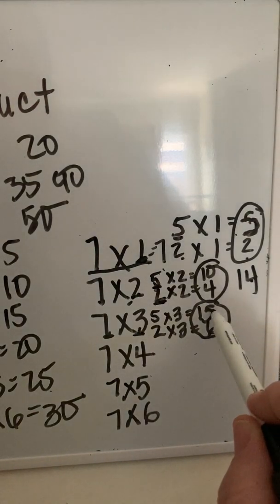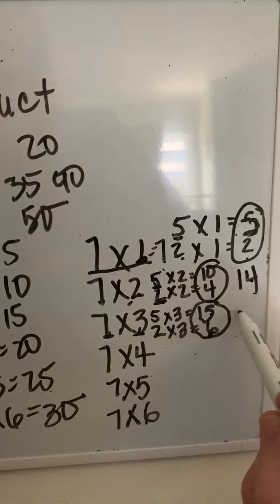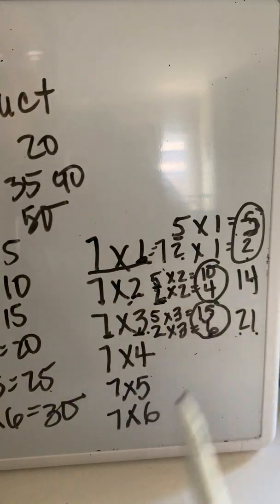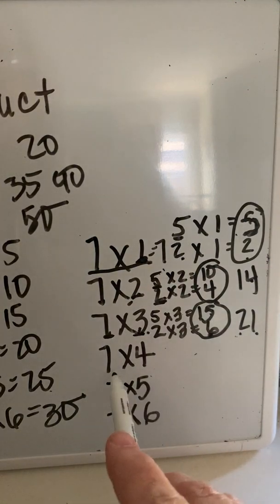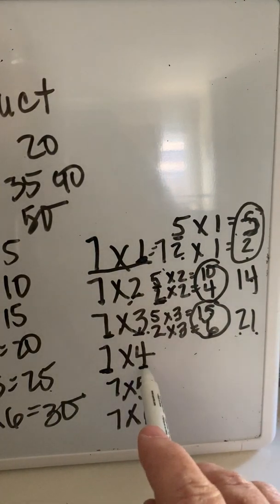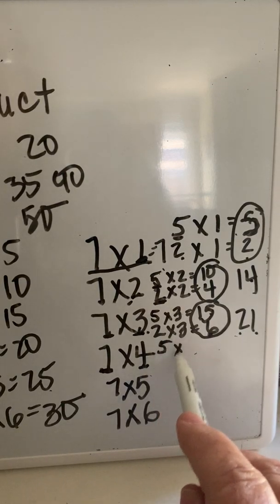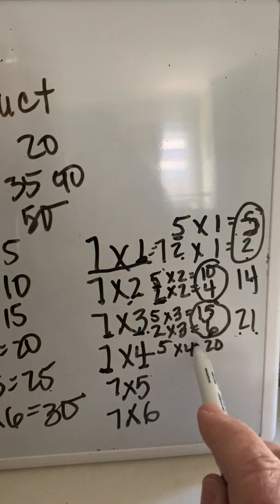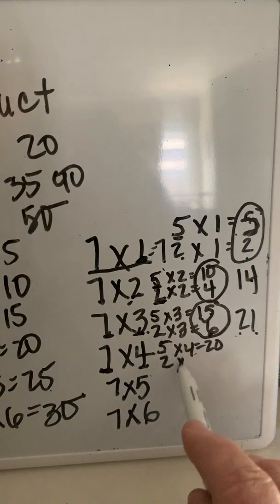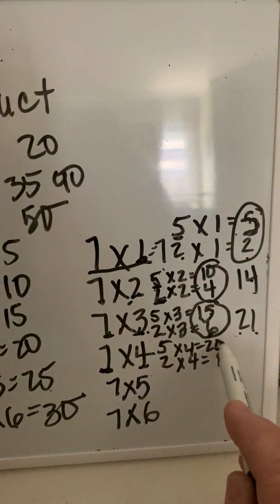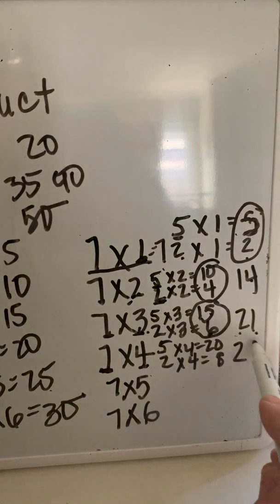Put 5 with that, it'd be 20, 1 left over, 21. 7 times 3 is 21. You do a 5 times this and a 2 times this and add them up. So 5 times 4 is 20. And a 2 times 4, what's this? 8. Bring those together: 28.